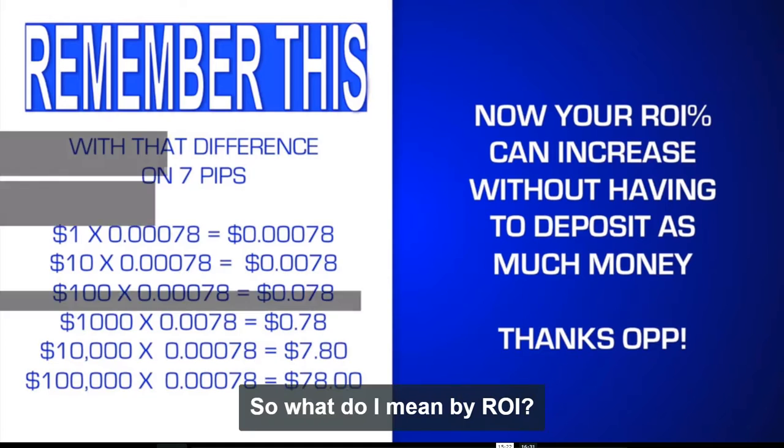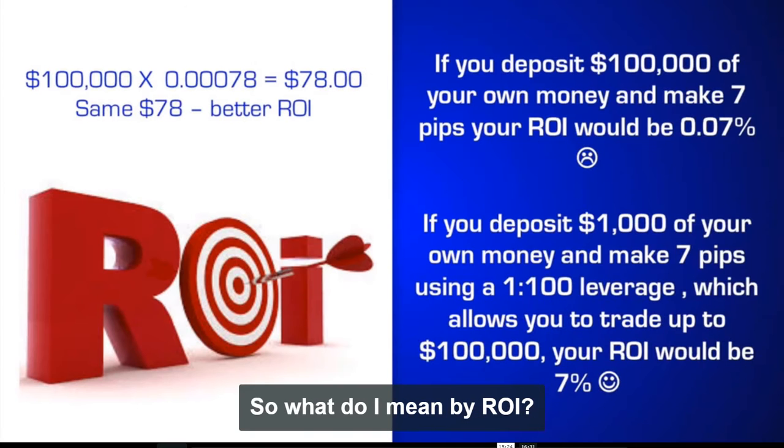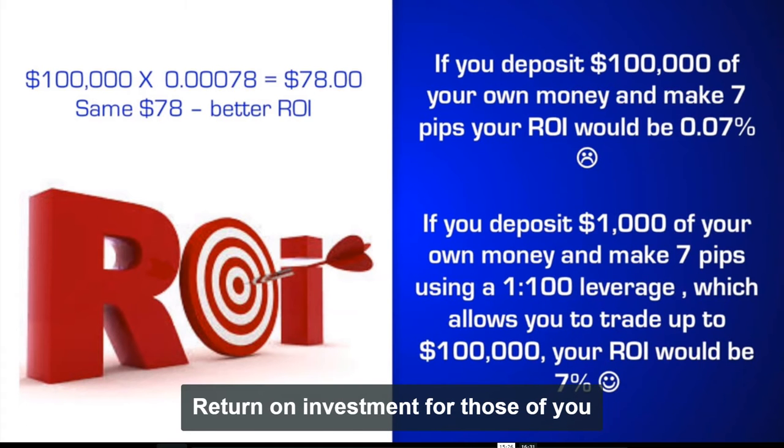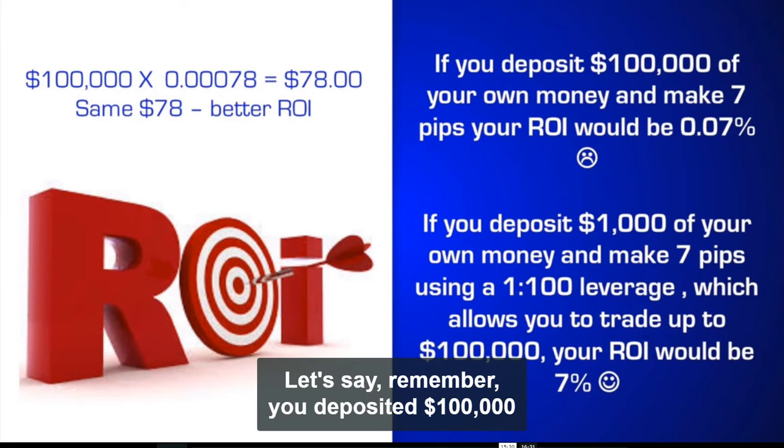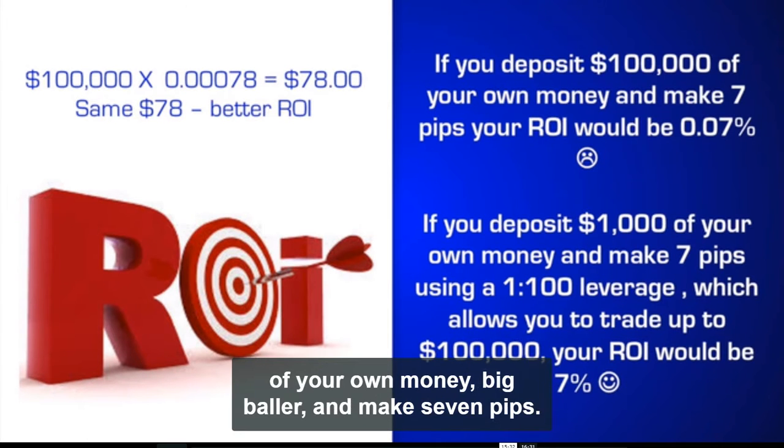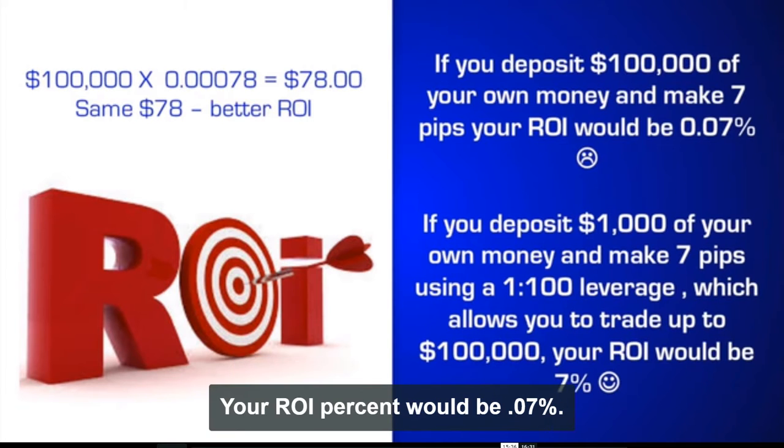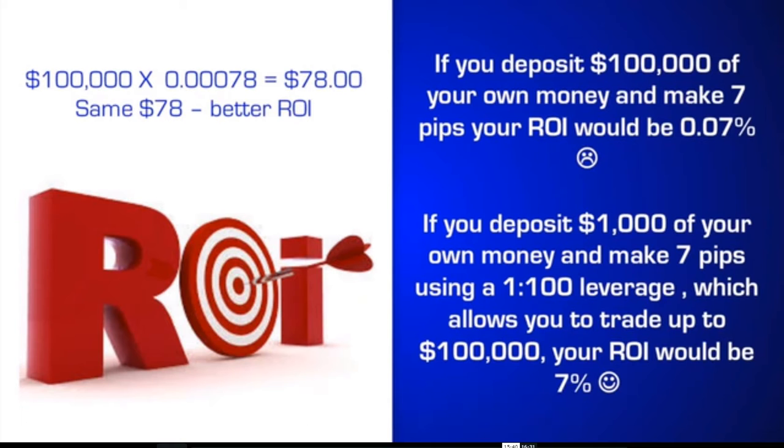Yay for OPP. So what do I mean by ROI? Return on investment, for those of you who don't know what I'm talking about. Let's say, remember, you deposit $100,000 of your own money, big baller, and make 7 pips. Your ROI percent would be 0.07%. Not really exciting.